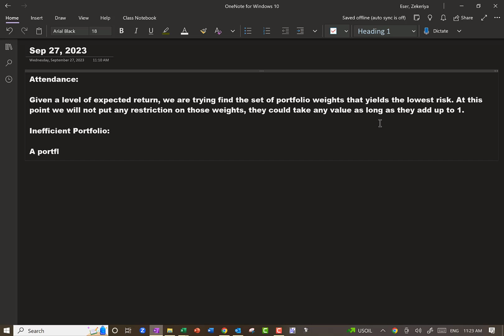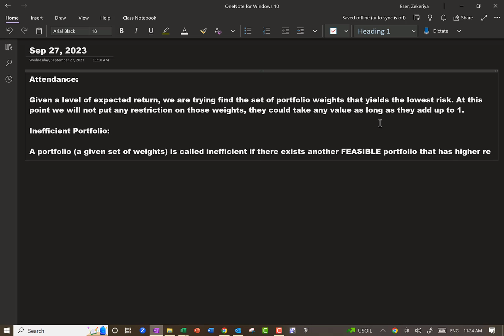A portfolio, basically a given set of weights, is called inefficient if there exists another feasible portfolio that has higher rewards and lower risk. Okay.